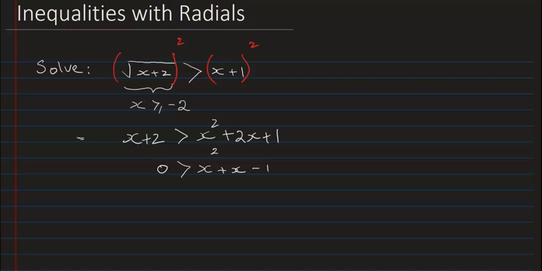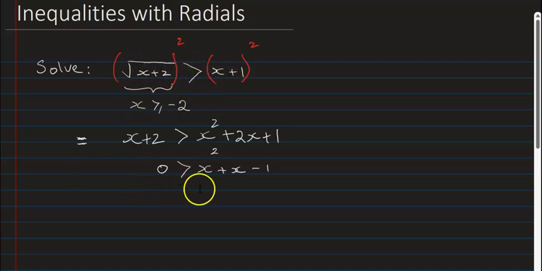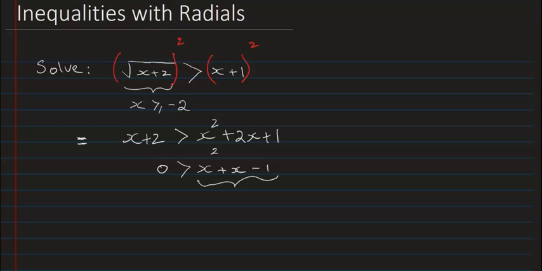So the original inequality has become this inequality. Next, we use whatever method we can to solve this quadratic. We can treat it as an equation right now and deal with the inequality later. This is not a factorable quadratic, so we have to use the quadratic formula.